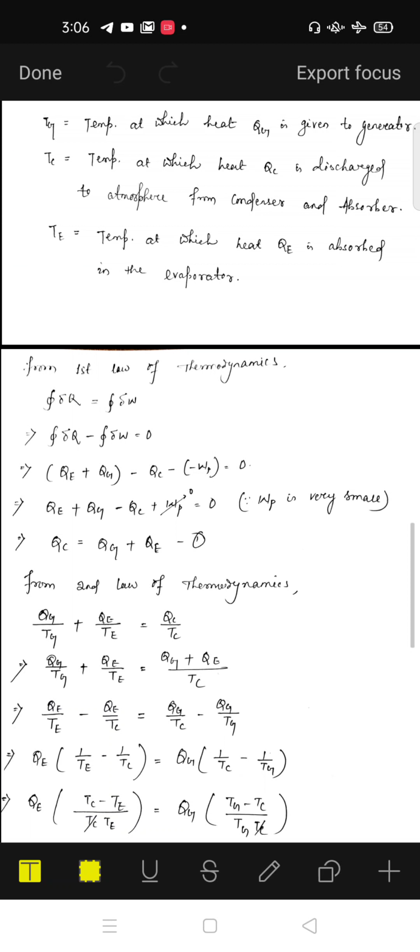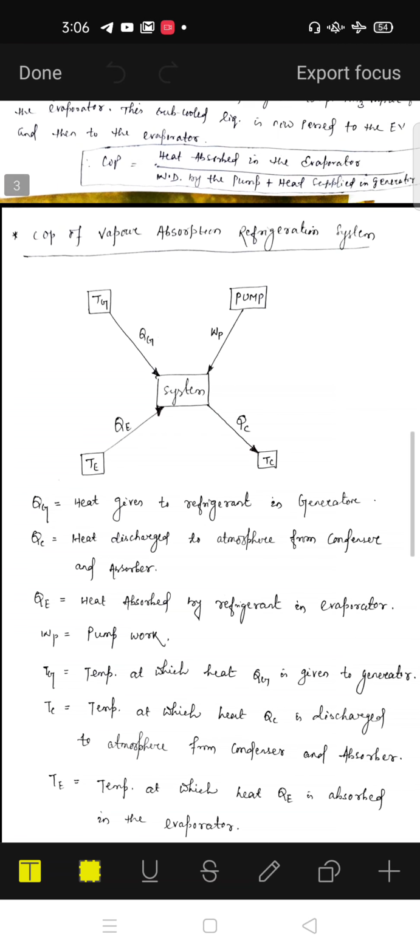Similarly, work done on the system is negative, and work by the system is positive. You see how many heat terms you have: Qg, QE, and QC. There are three heat terms and only one work term, that is Wp. The net heat interaction will be the net work interaction in the cycle.